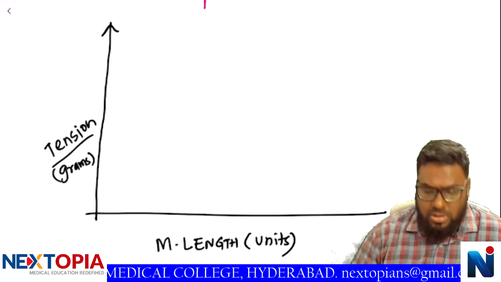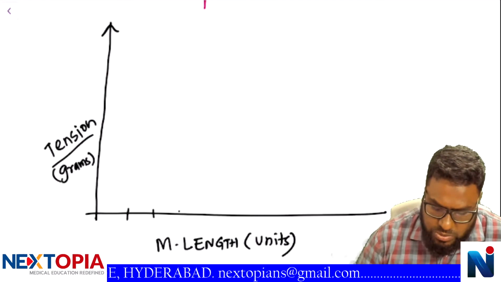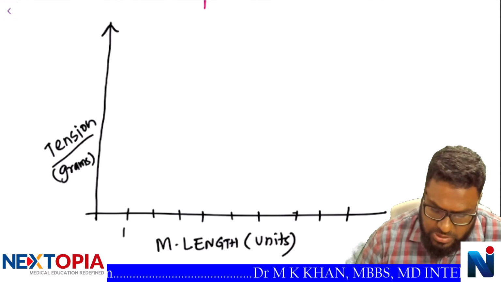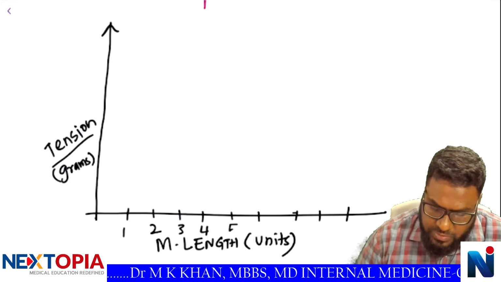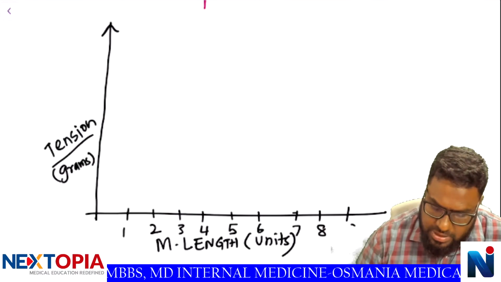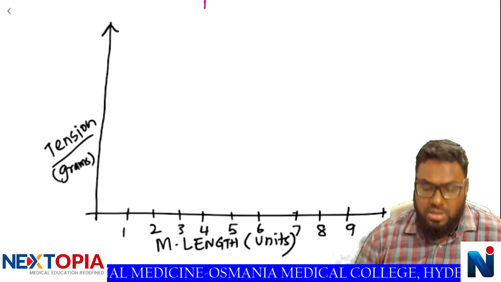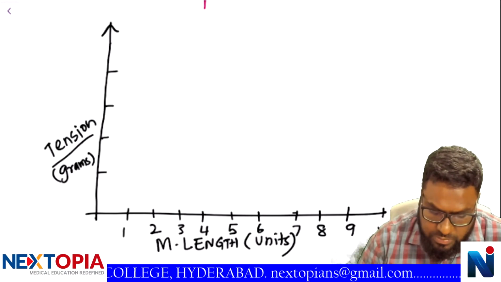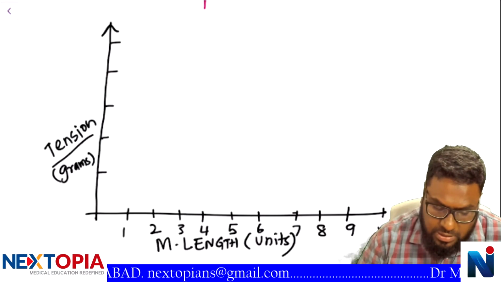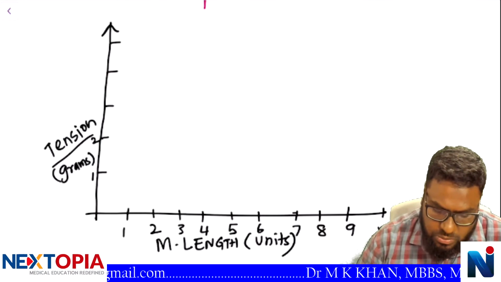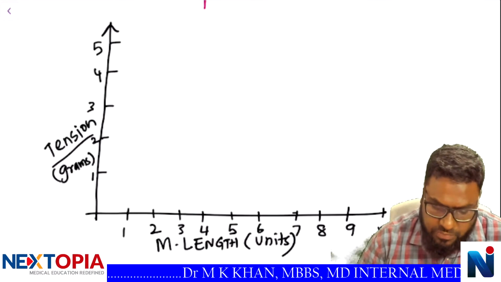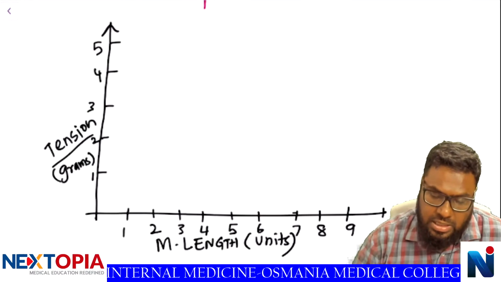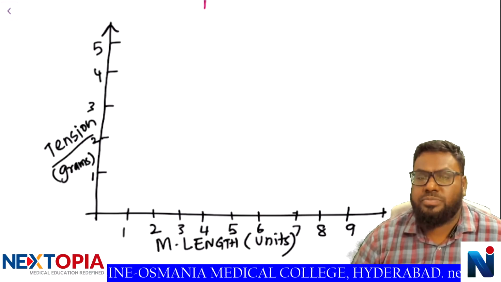Say 1 2 3 4 5 6 7 8 9 10. Here, in grams, you keep on applying, increasing the weight 1 2 3 4 5. At one point of time, the muscle stretching starts, is it not?